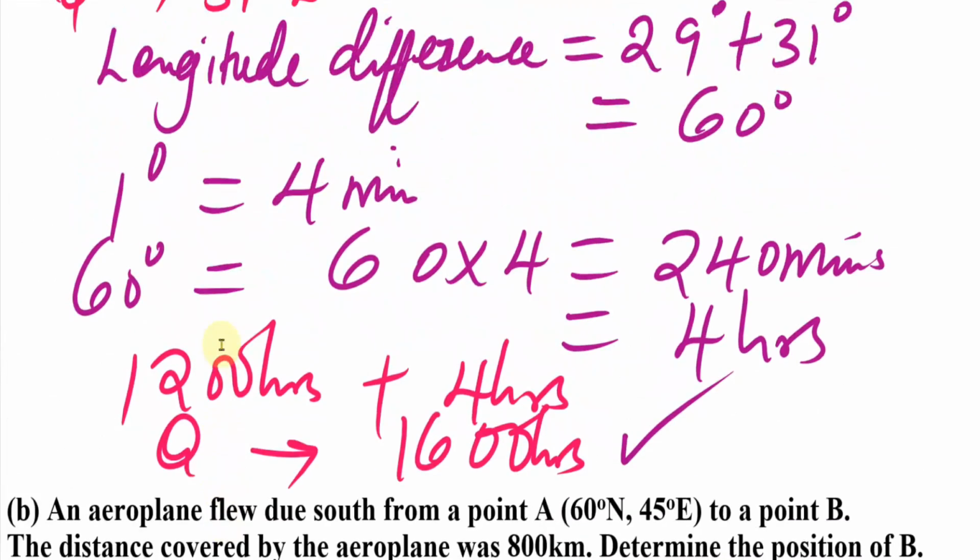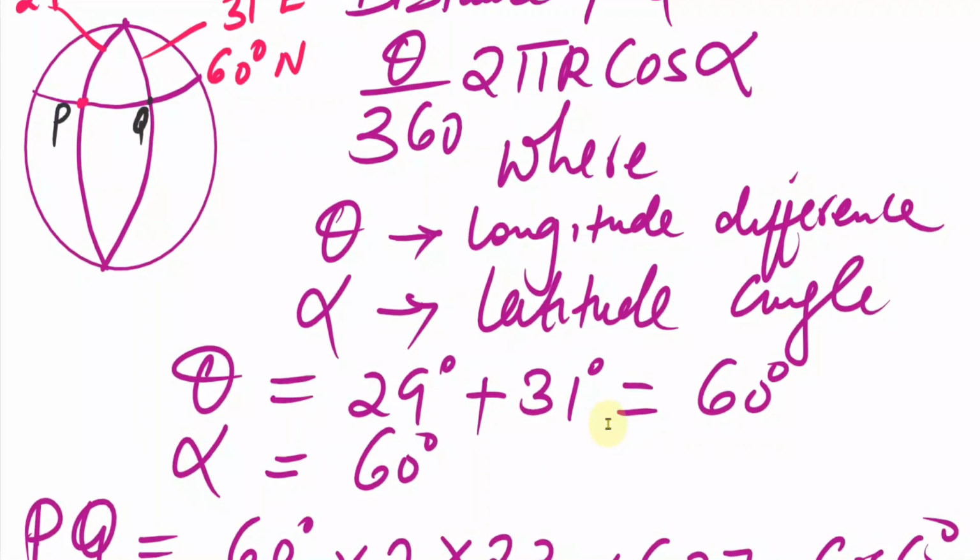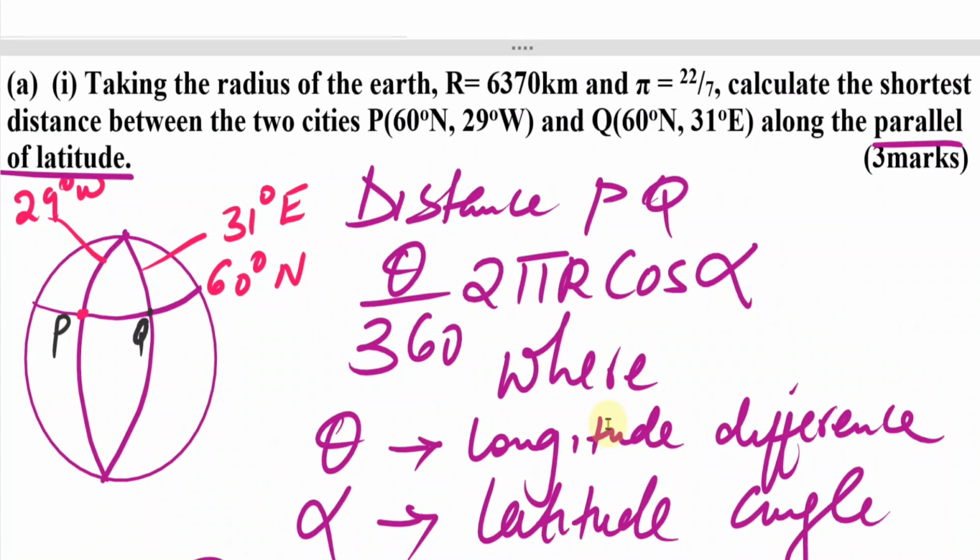So let's go to the diagram. We locate A, 60 degrees north, 45 degrees east. So we shall add another longitude, which is not given here, 45 degrees east, somewhere there.